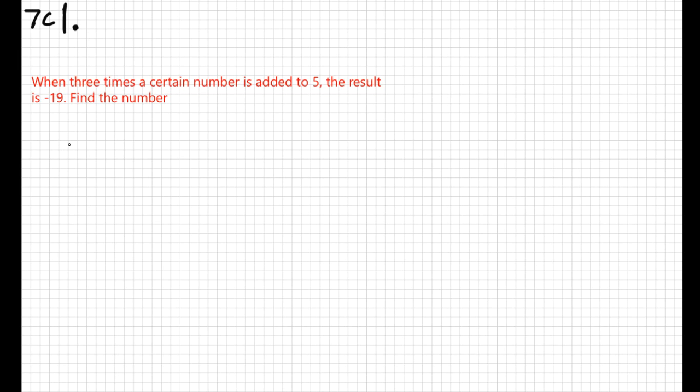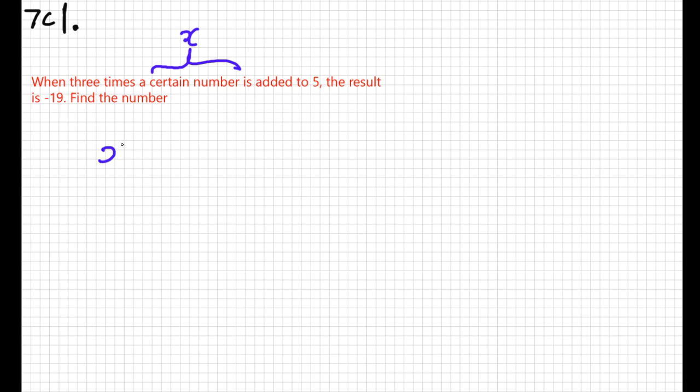So first step, decide on the unknown quantity and allocate it a variable such as x. So in this case, our unknown quantity, we'll read the sentence, when 3 times a certain number is added to 5, the result is minus 19. So 3 times a certain number. This certain number will be our x.